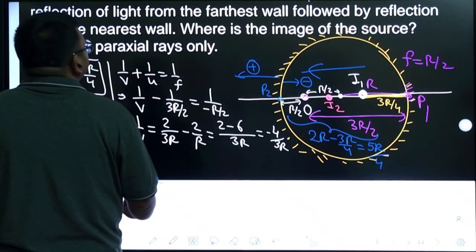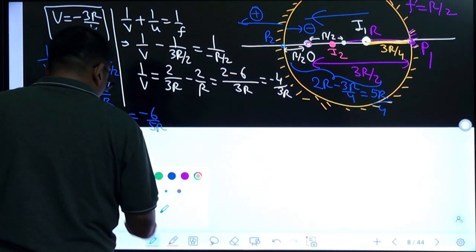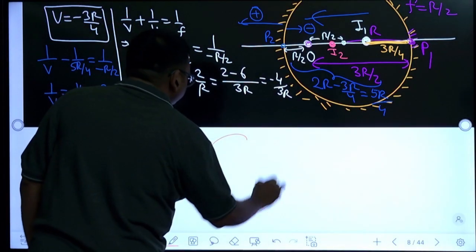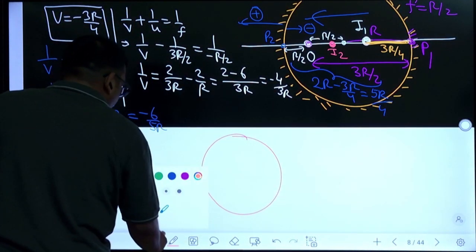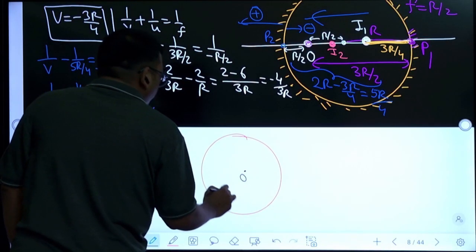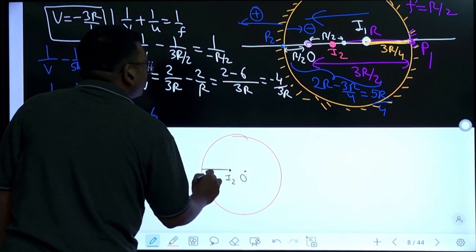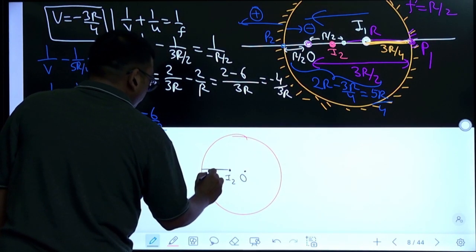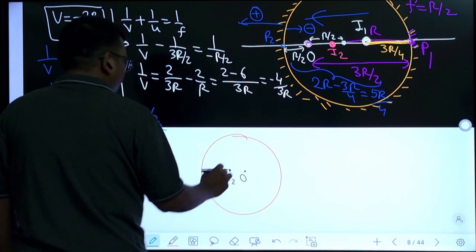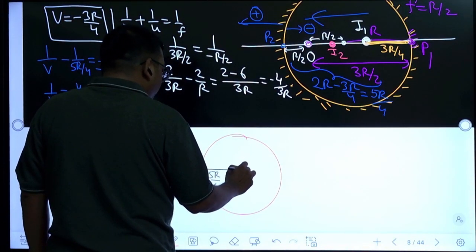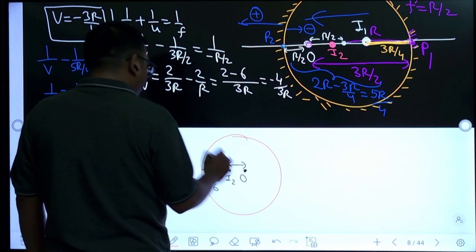They are asking where is the image. So if I consider this as a sphere, then this is the center, let us say O, and this is the final image I2. This final image is 5r by 6 distance from the surface. And from the center, how much will this distance be?